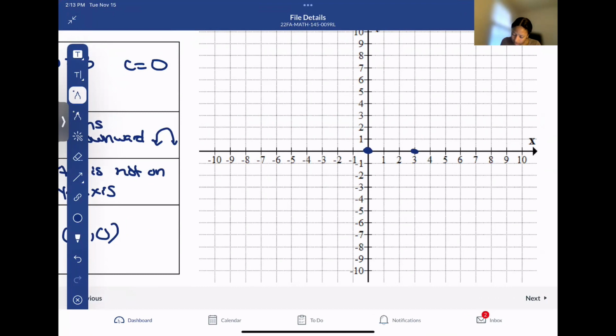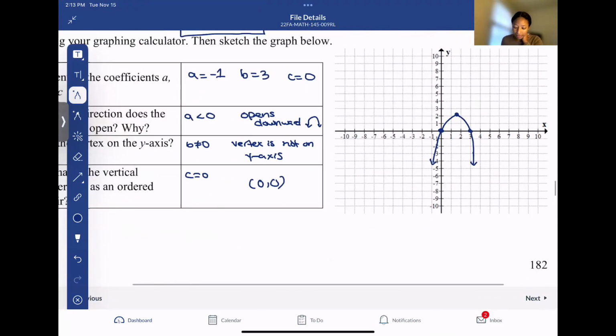The vertex was about here, and then we had a downward opening parabola. So we would just want to try to make this as even as possible on both sides and draw our downward opening parabola. As you can see, I'm no artist, but that's a decent enough sketch. I should be able to see all of the important parts of the graph. And it should match up with what we have.